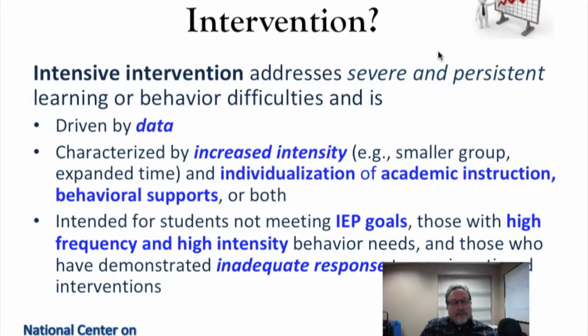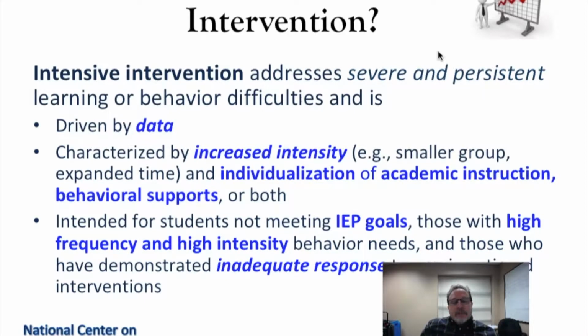involves the following components. They look at intensive intervention as addressing severe and persistent learning or behavioral difficulties. And the way that we address those difficulties is driven by data. No surprise there, as are all the functions in an MTSS system.